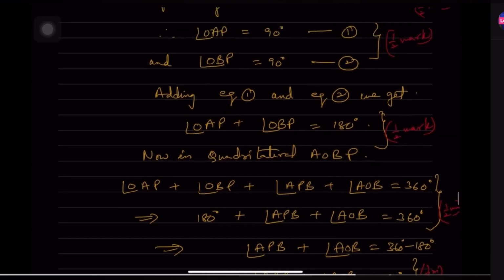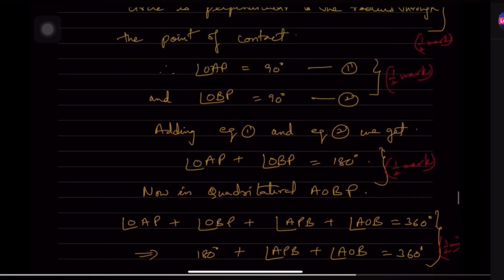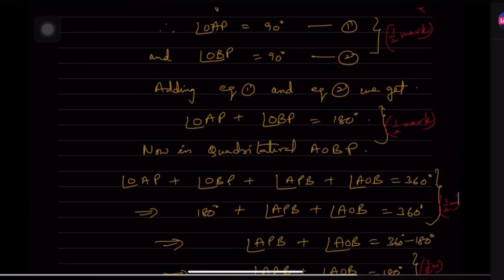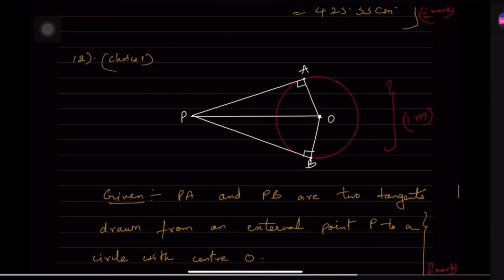Now adding equation 1 and equation 2, we get angle OAP plus angle OBP is equal to 180 degrees. So now in quadrilateral AOBP, all the four angles you are adding.